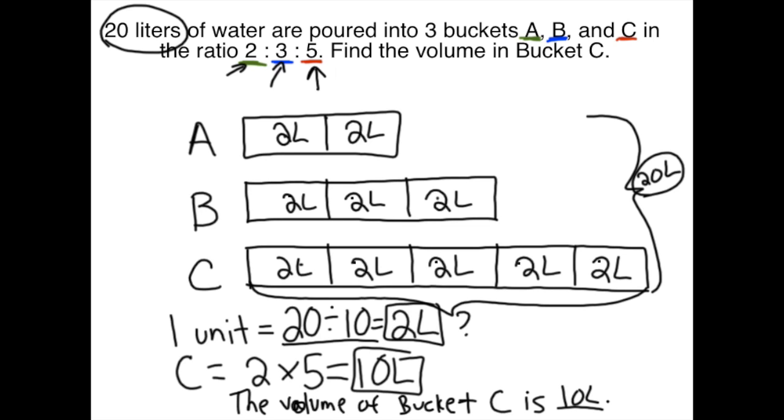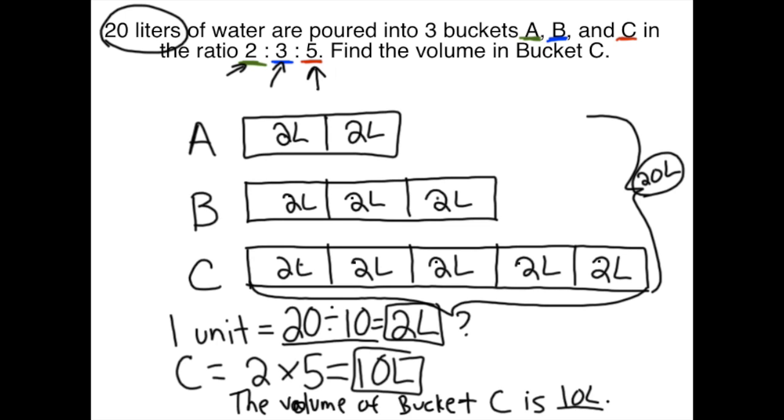So do you see how we solved that exactly the same as our 2 quantity ratio word problems? Except now they're just adding in an extra quantity. So go ahead and give 2 problems a try in your workbook.